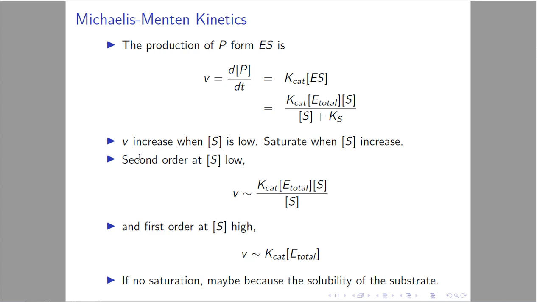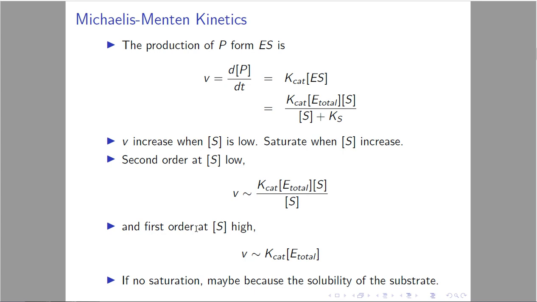Here you can see that when S is low, we get Kcat E total S over Ks, so this is first order, and Ks is high.